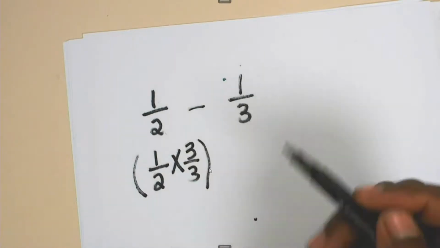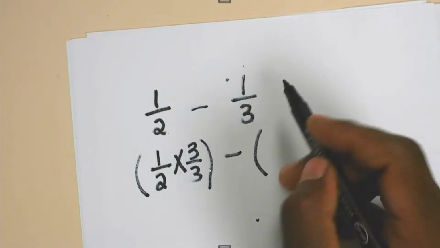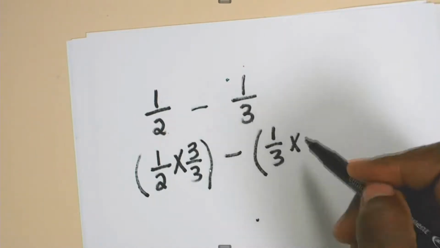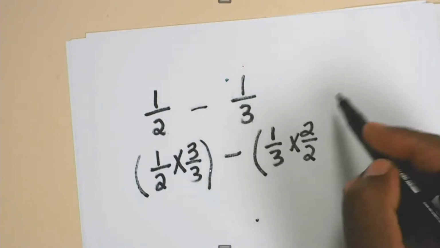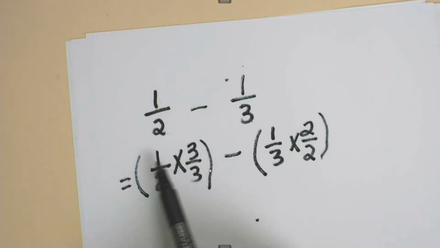Close the bracket. Minus. Open another bracket. Write the fraction as it is given to you. Then multiply this fraction with the denominator of the first fraction. Then close the bracket. Then we go on, say, right now we work out the brackets.